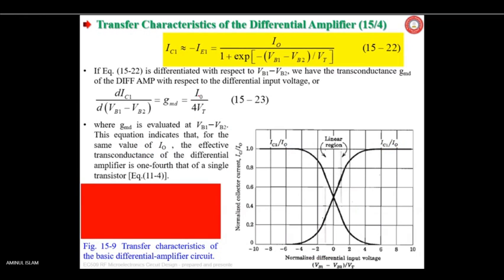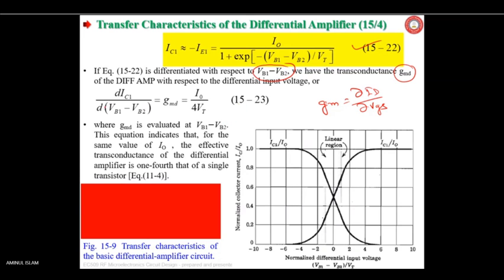If equation 15-22 is differentiated with respect to VB1 minus VB2, we have the transconductance GMD. We have discussed transconductance: GM equals delta ID, the output current, divided by the input voltage VGS in case of MOSFET.